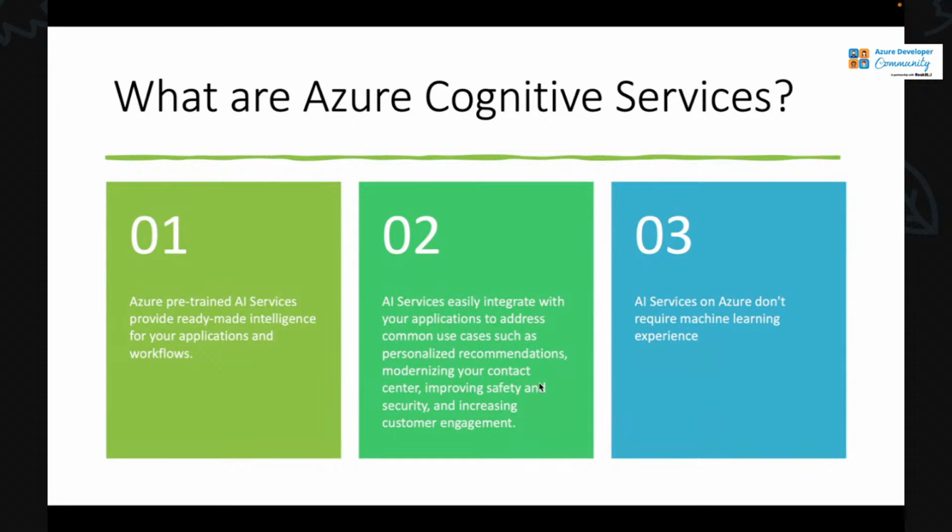All you need to know is what problem you're solving, what sort of solution it needs, what solution Azure Cognitive Services can provide, and how you can manipulate the responses so that your application can take them up and work with them. That's what you want to concentrate on, rather than machine learning experience, which is completely taken care of by Azure.